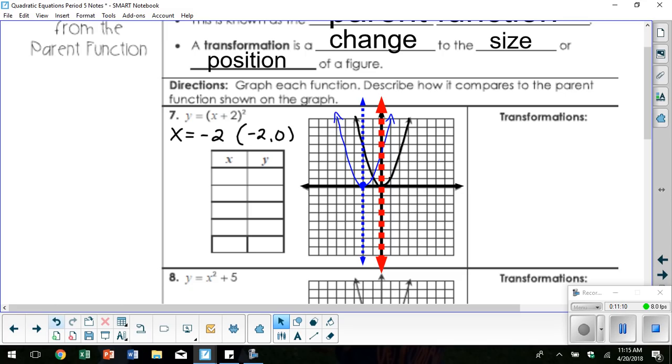We moved it to the left. How many? No, we just moved it two. The vertex moved 2 to the left. Every point will move 2 to the left.